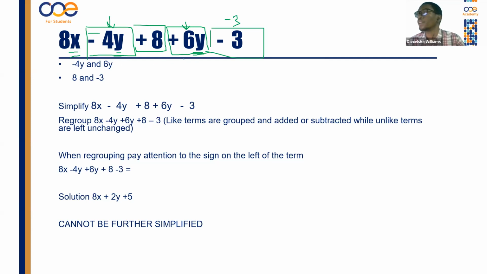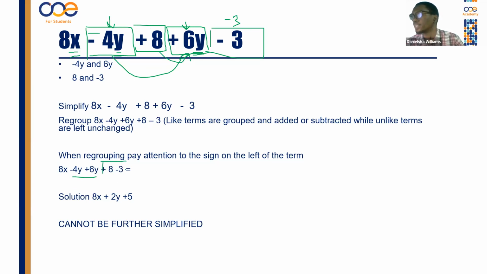With this, we can begin regrouping. We move the 6y right beside the -4y, and we also move the +8 in front of the -3.